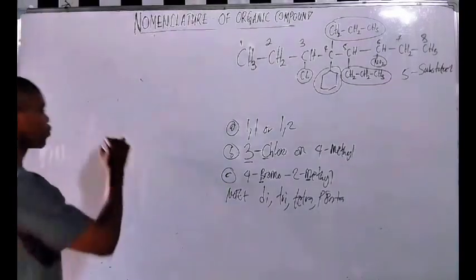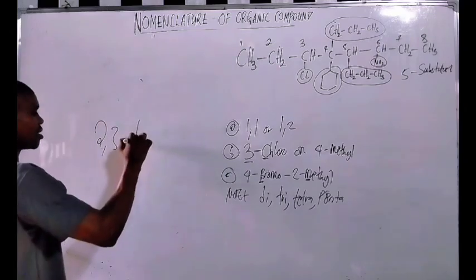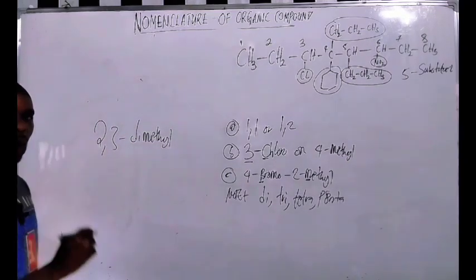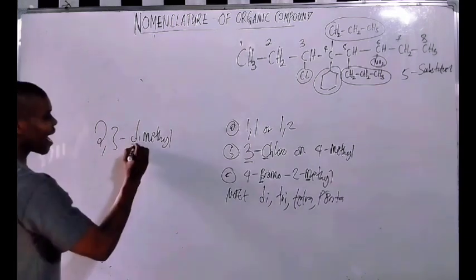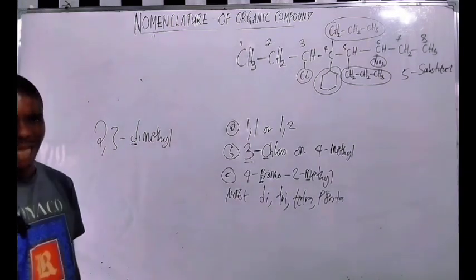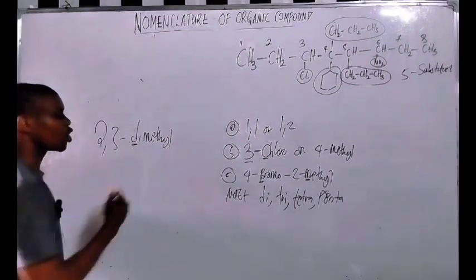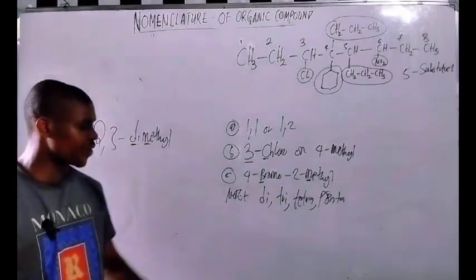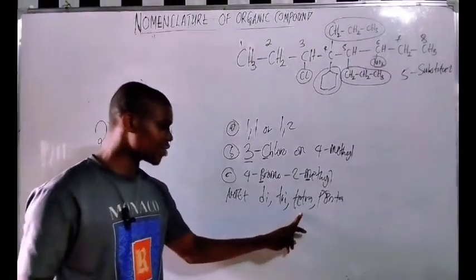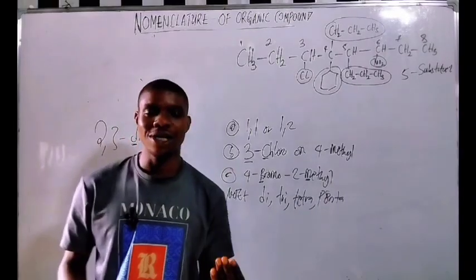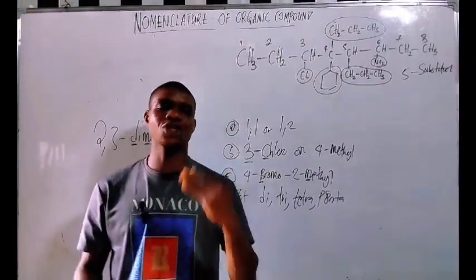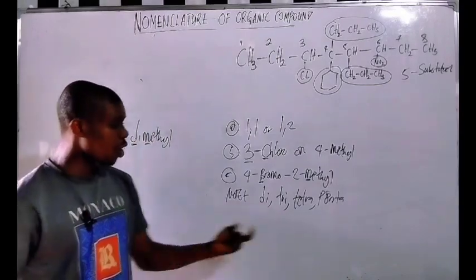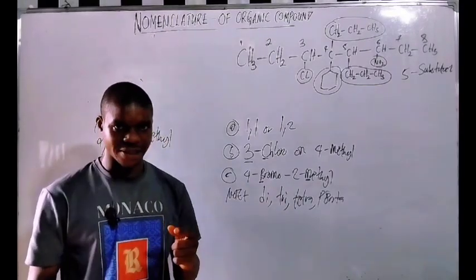If for example we have 2,3-dimethyl, what does it mean? It means this di just shows that there are 2 methyls. So this D is not used when it comes to alphabetical order. You use the M. So the prefixes di, tri, tetra, penta are always ignored in alphabetical order. That is, when you arrange the substituents in alphabetical order, you always ignore this prefix.